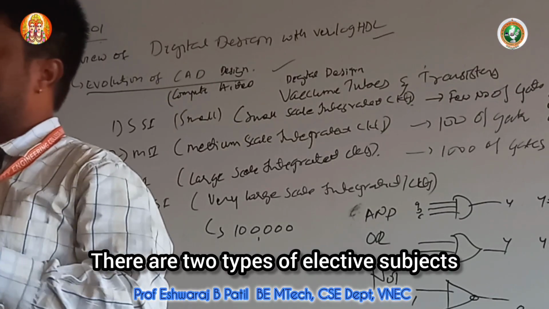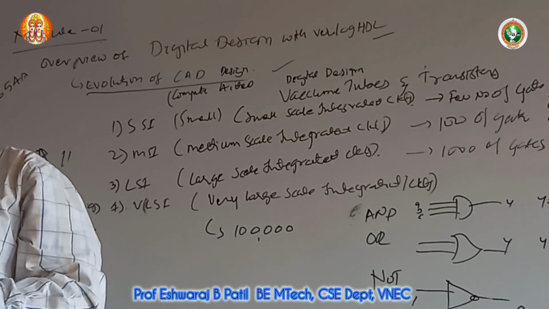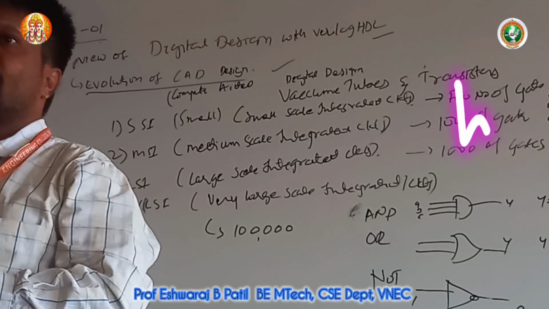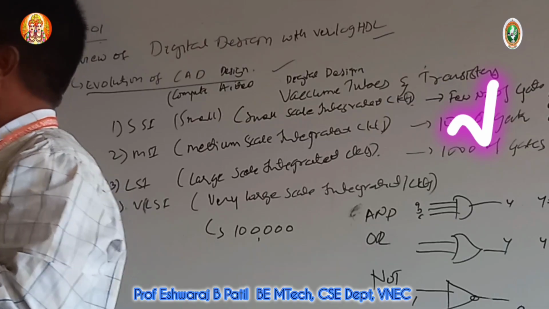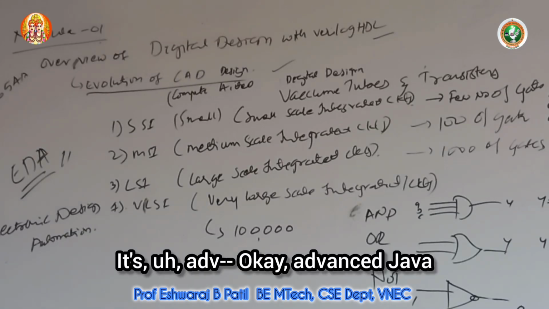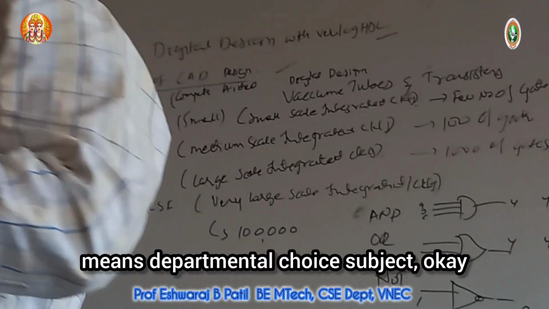There are two types of elective subjects. One is internal to the college, the departmental subject. For that you have chosen advanced Java, the departmental choice subject.